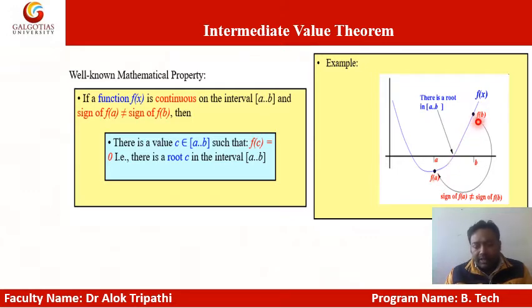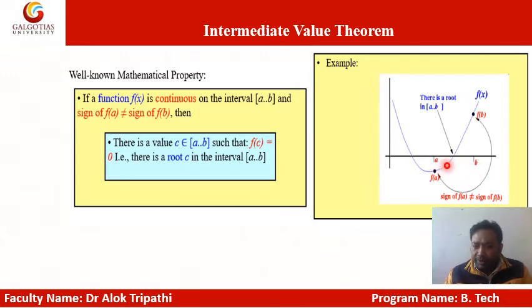It means, since the function is continuous in an interval a to b, at every point between a to b the function is defined and gives some value at all the interior points in the interval.